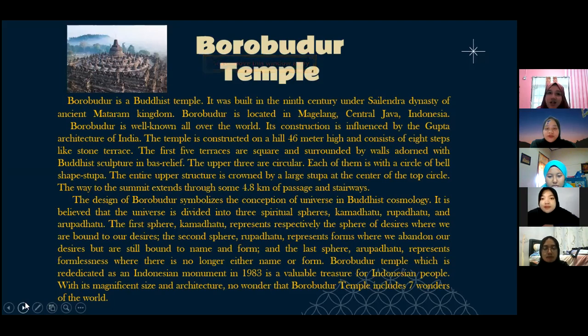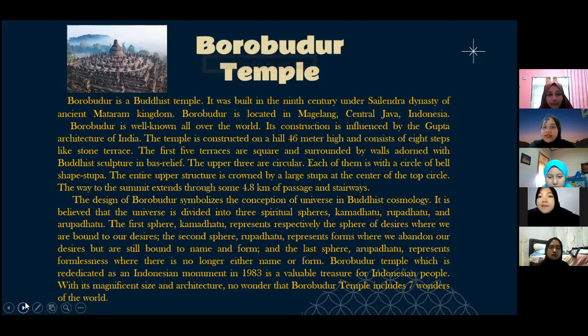Okay, good. So, what does the second paragraph tell you about? If we look at the second sentence, construction is influenced by the Gupta architecture of India. So this means the Borobudur was influenced by the Gupta in India.